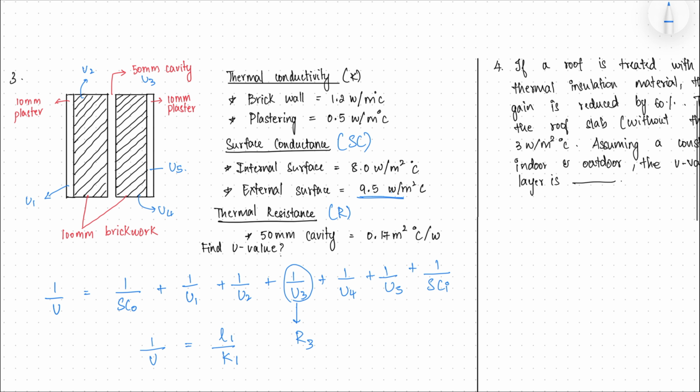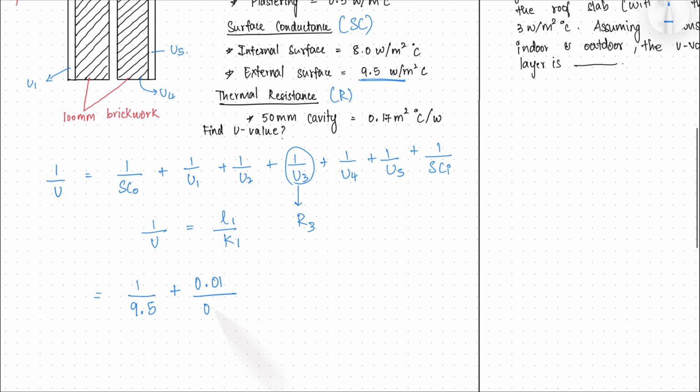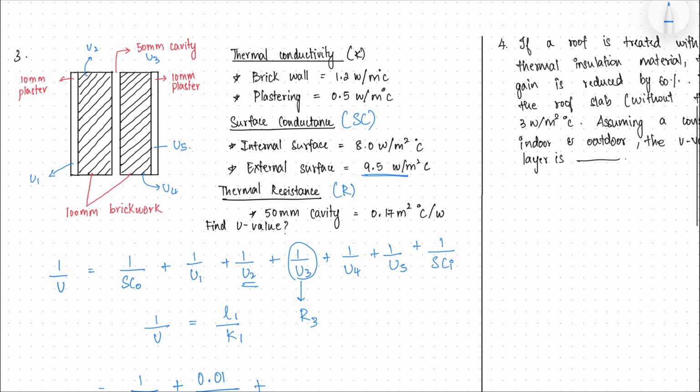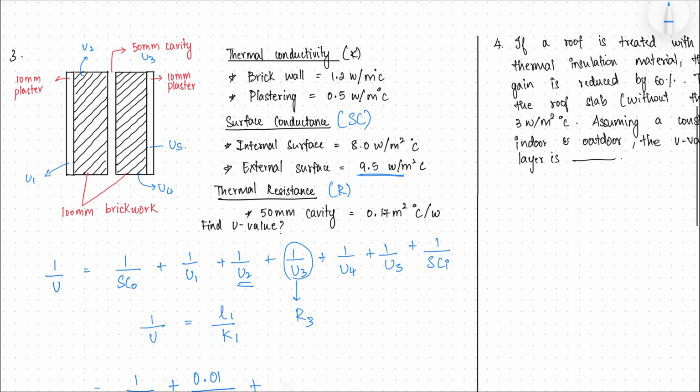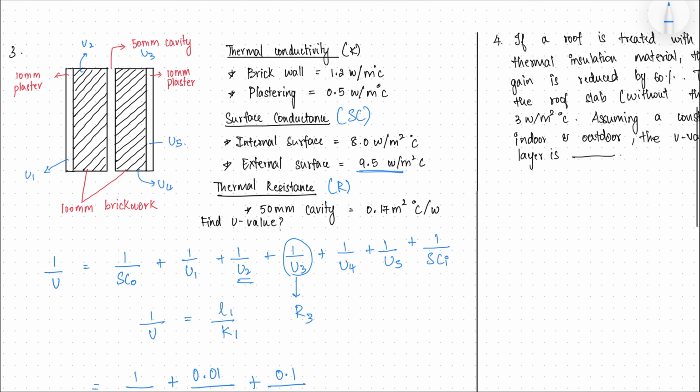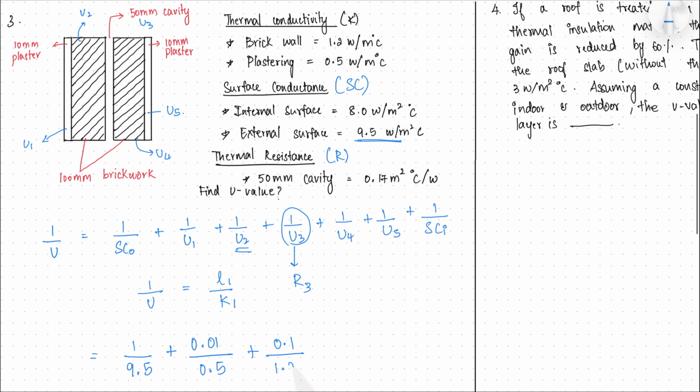What is the thermal conductivity of the plastering? It's 0.5. So plus 0.5. Now U2, which is for the brickwork. Brickwork is 100 mm, so it's 0.1 in meters. So 0.1 by the thermal conductivity of the brick wall, which is 1.2.